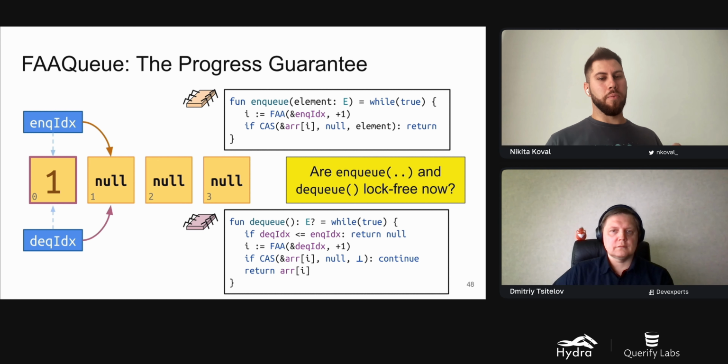So two particular enq and deq operations may get stuck. And thus, we can't guarantee system-wide progress.